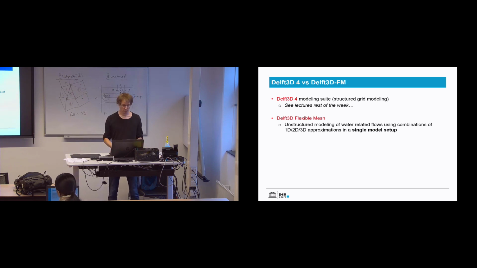In unstructured grids, we're working with 1D, 2D, and 3D in one grid. So that means that you could have a 1D branch like so, that is attached to a 2D grid, that is attached to a 3D grid with 10 layers, for example. So you can have that in one model grid. Yeah.